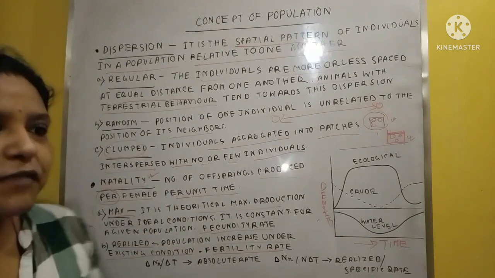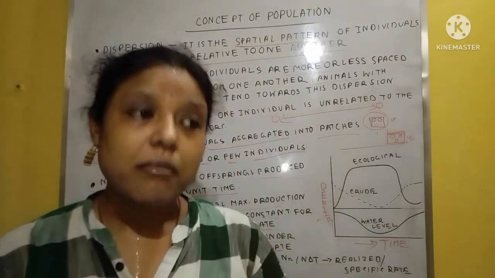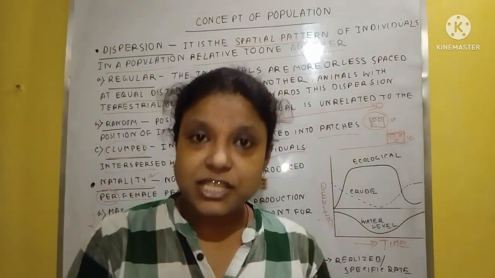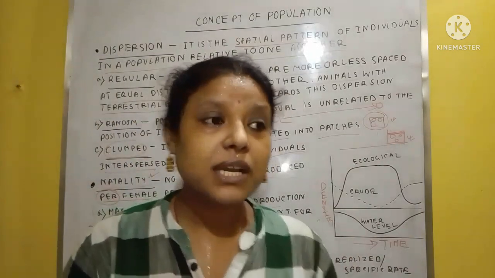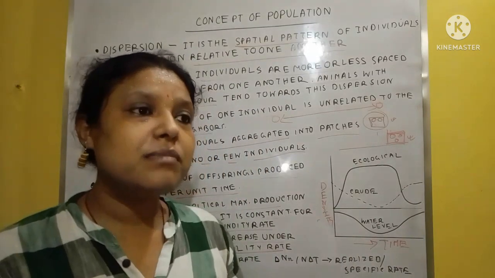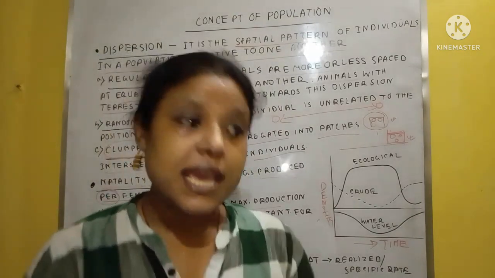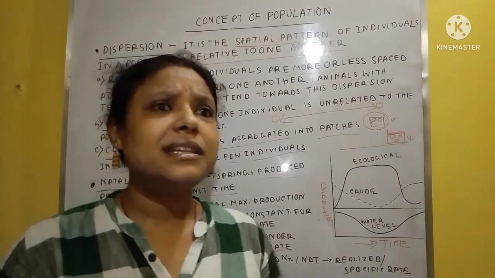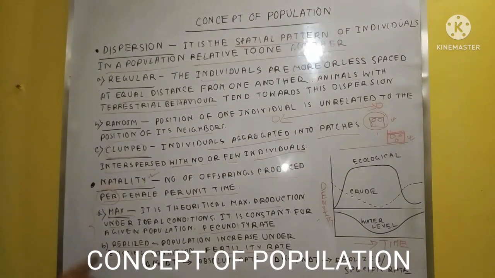If a female can produce the maximum number of individuals, like 5 to 6, but the climatic condition is not favorable, then it is not possible to produce the maximum number of offspring. So rather than 5 to 6, perhaps 2 to 3 individuals will be produced. This is the realized one.